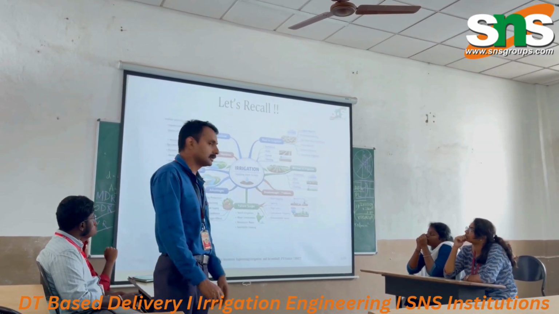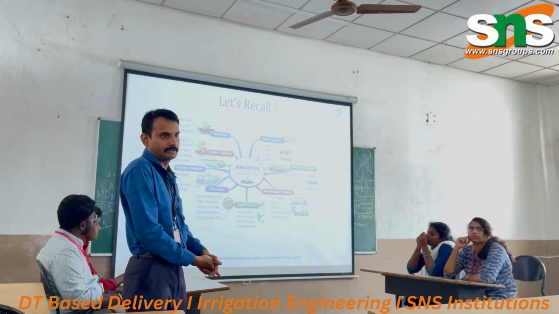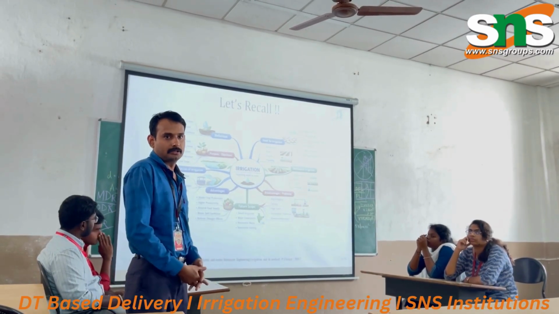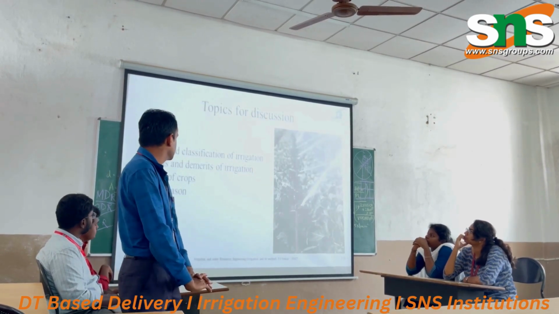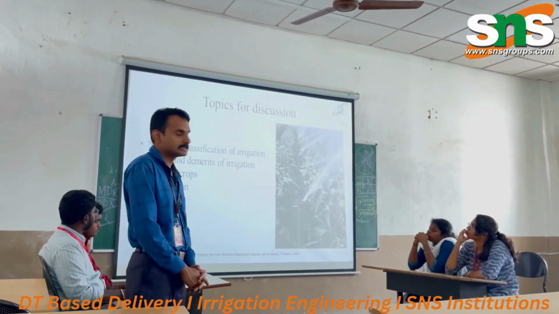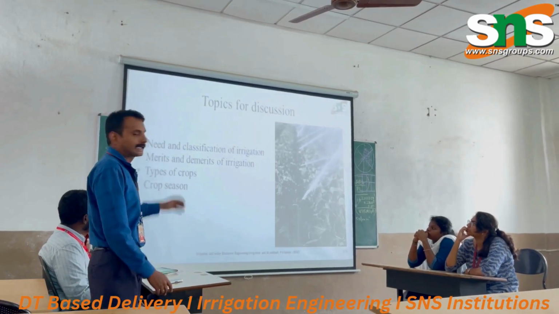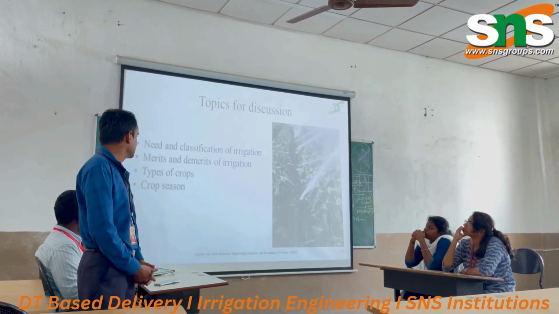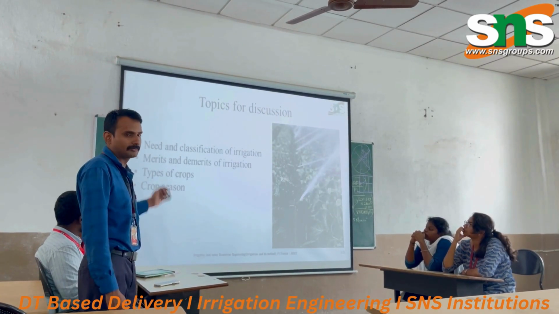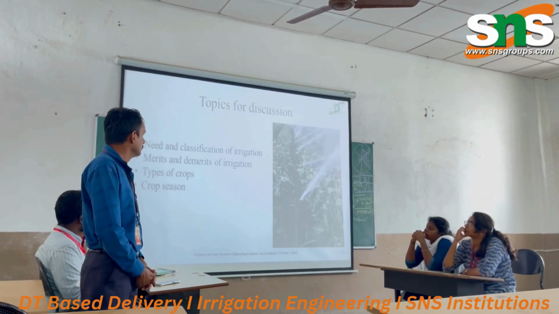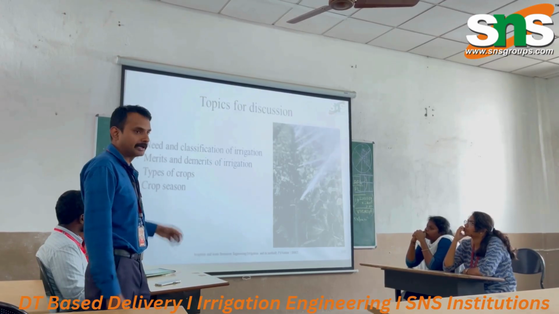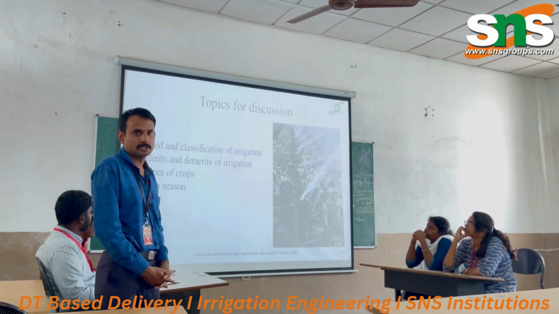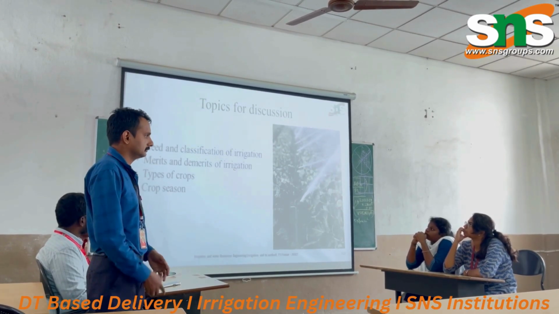So these are all the various aspects of irrigation which you are going to learn in unit 1. Next slide. These are the topics for discussion: need and classification of irrigation, merits and demerits of irrigation, types of crops and various crop seasons. Over to our team so that they can brief about the design thinking approach for this topic.